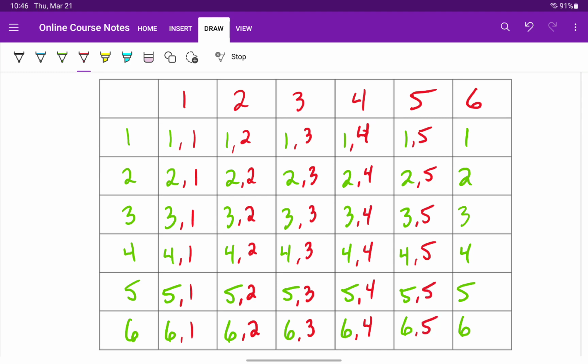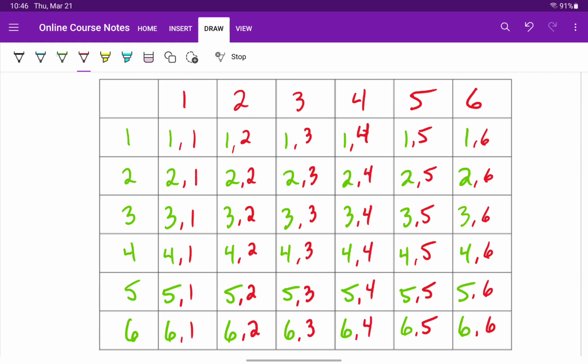And as we're doing this, what we're constructing is the sample space for this experiment, where we roll 1 die and then a second one, and we look at the 2 numbers that we come up with.